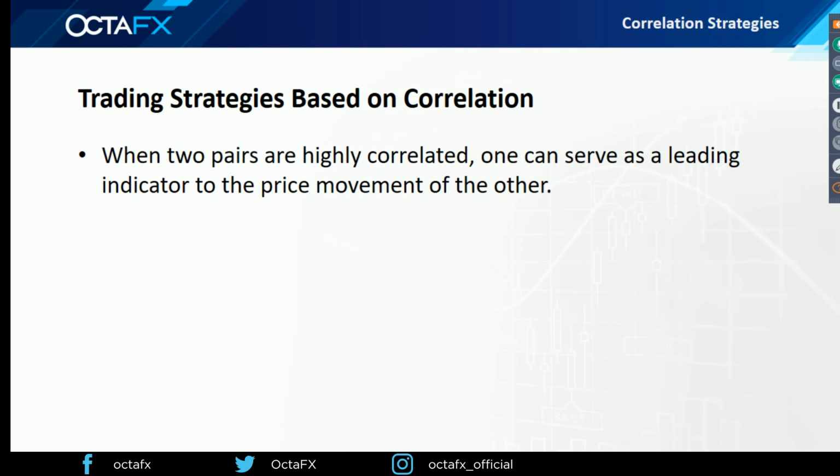Back when I was trading stocks, I used to have a very simple strategy where I would trade a stock called Cisco, and I would watch the S&P. And what I found was whenever there was a major move in the S&P, Cisco would follow suit. My strategy was just basically to watch the S&P for moves, and then I would look for the follow-up move in Cisco, which happened a high percentage of the time.